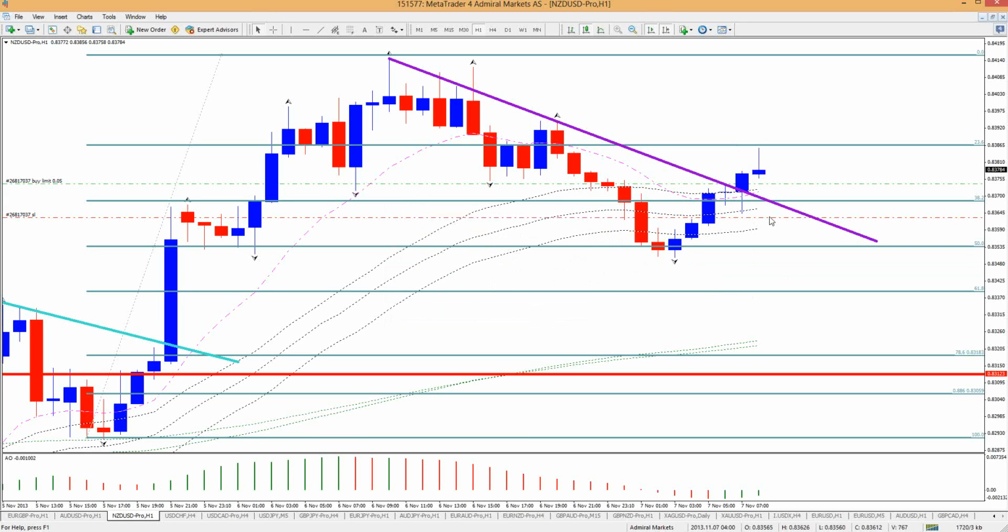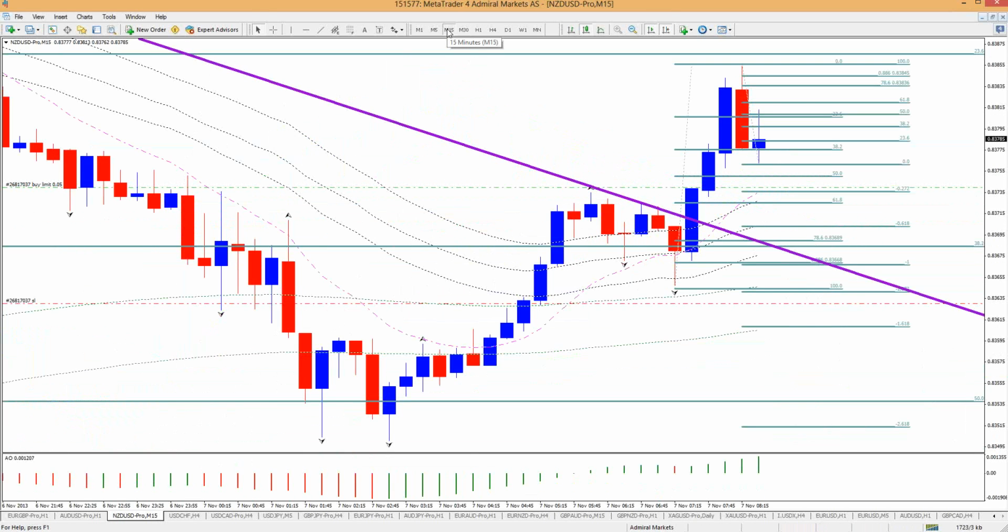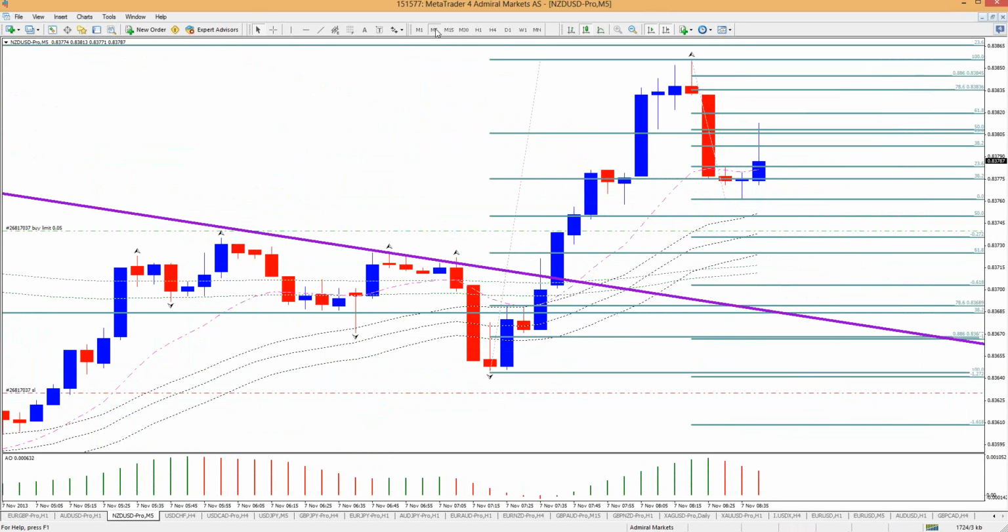We've got 15 minutes left before this 1 hour candle's finished. So it'll be interesting to see how this one closes. But I don't know.